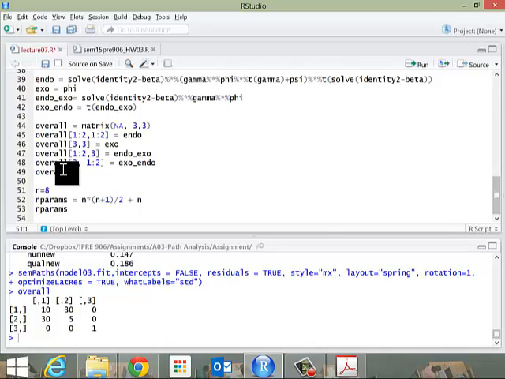This is beta f x, beta f z, sigma squared f. That thing's a 1. This is beta f y, beta f z, sigma squared f.